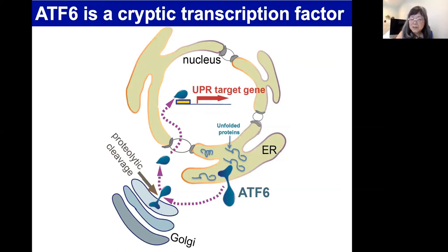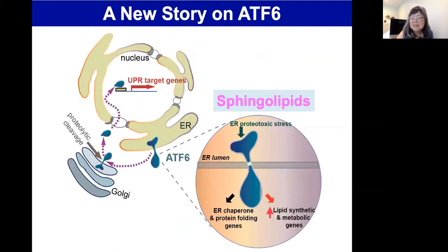Now, what I'm going to tell you today is that ATF6 can be activated by sphingolipids, very specific ones, by a mechanism that's unique compared to the previously known activation of ATF6, so not through the so-called stress sensor domain. One of the surprises was that this activation leads to transcriptional induction, but the target genes turn out to be a little different from those of ATF6 when it's activated through the stress sensor domain.